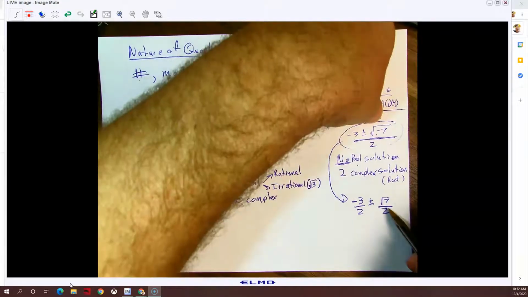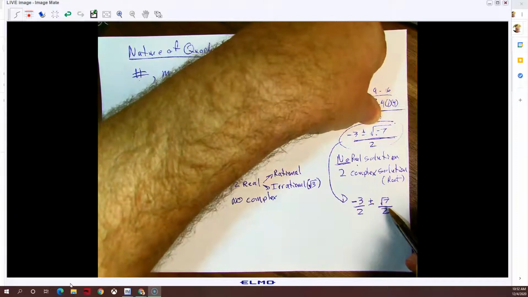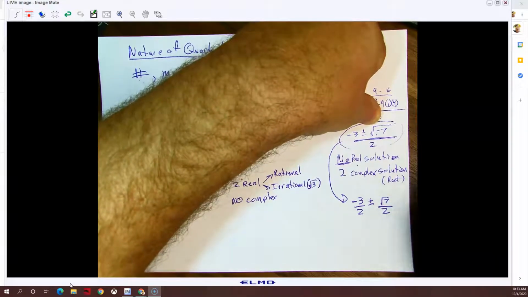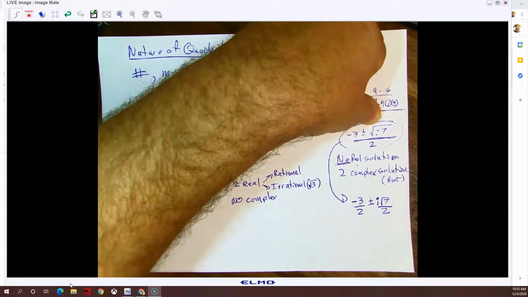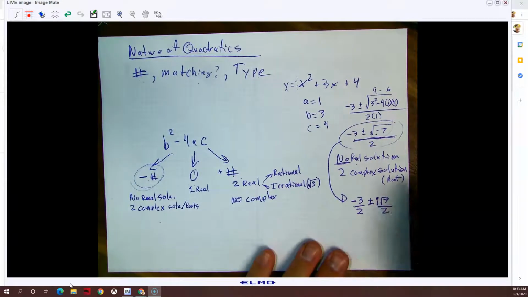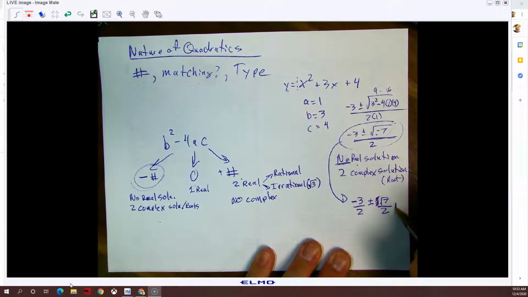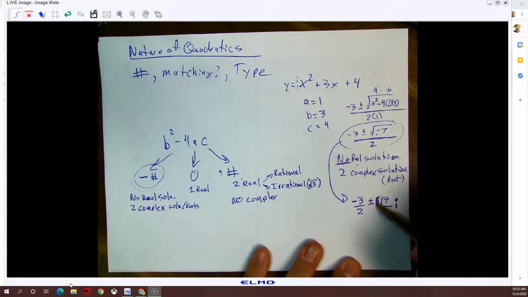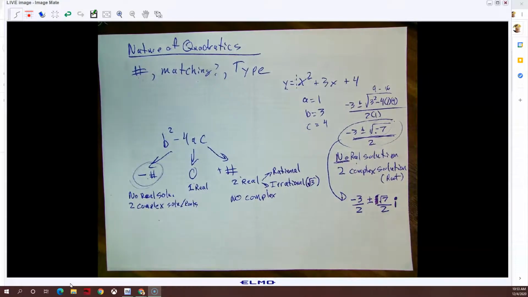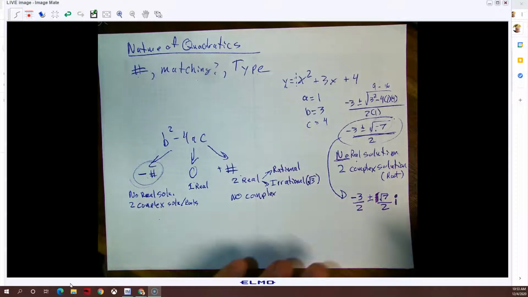Now you'll also notice the square root of negative 7 can be rewritten with imaginary numbers and say i root 7. Now I prefer to put the i out front, but Delta Math may require that you put the i all the way to the back. But if you're typing it in Delta Math, it's going to be much more clear. There's no chance of you getting it confused. But if you're writing it by hand, I recommend putting the i up front.